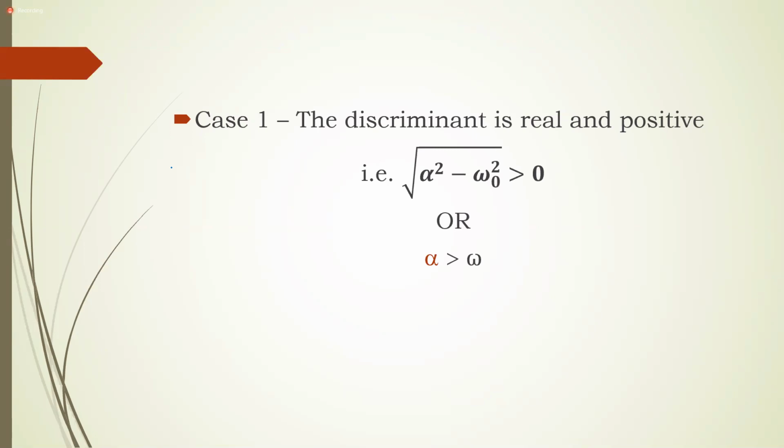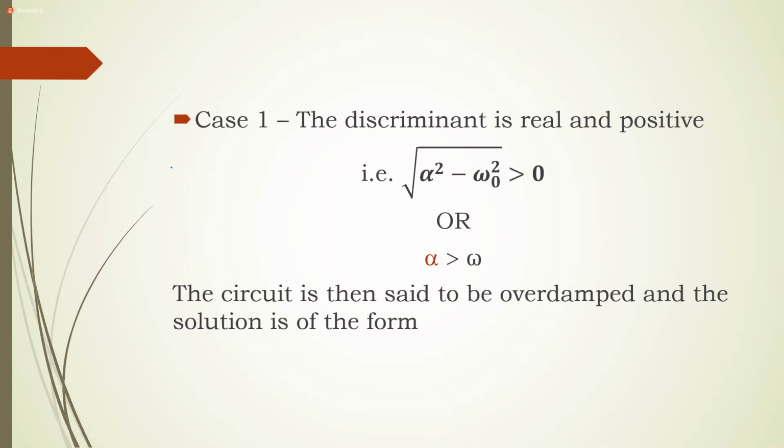This is true if alpha is greater than omega naught. If alpha is greater than omega naught, we will define the circuit as being overdamped.